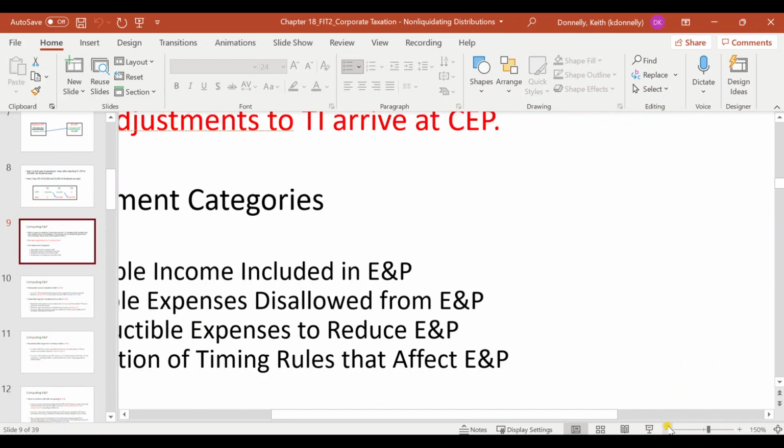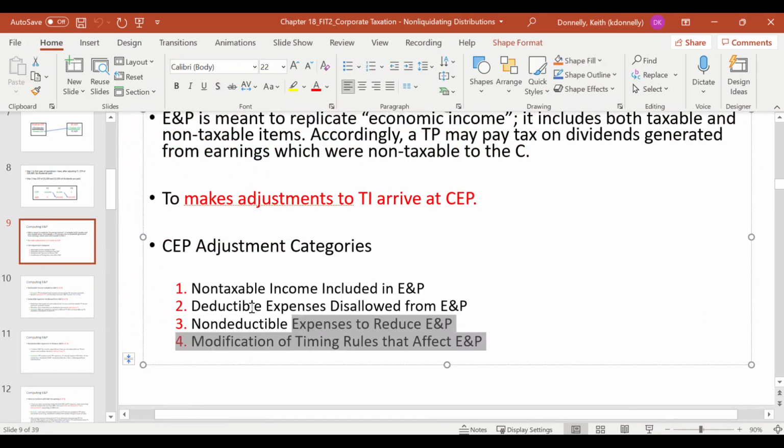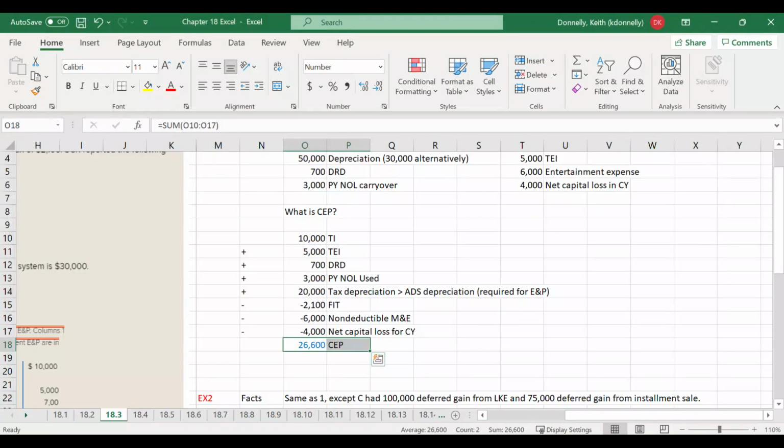So in this case, in light of these four situations we discussed, the types of adjustments you're going to make, we're going to add back that tax exempt interest. We didn't include it on our tax return, but that is a type of economic income that we care about.